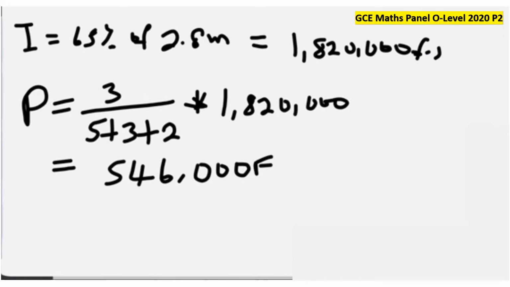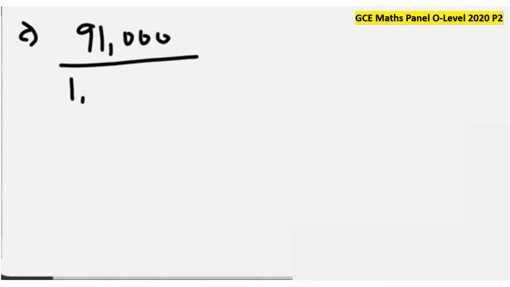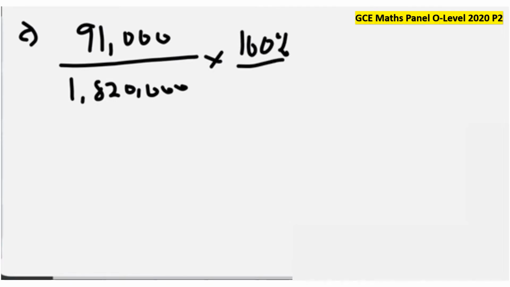So this percentage will be given by 91,000 divided by 1.82 million times 100% all over 1. We simplify this and it will give us 5%.